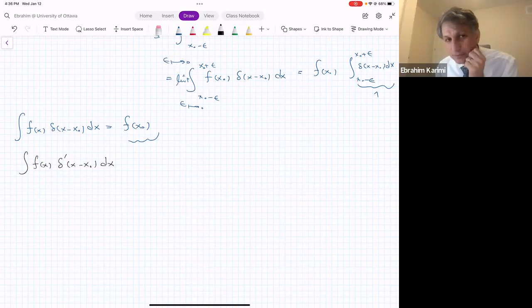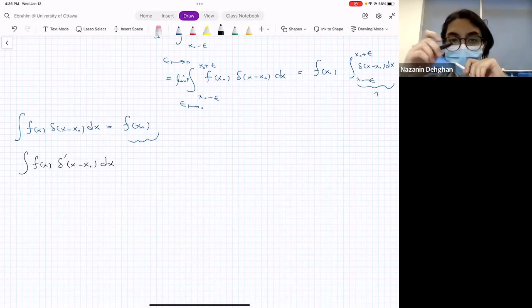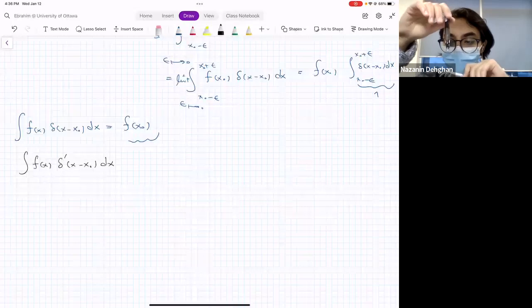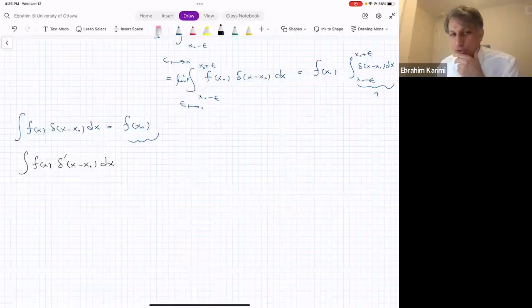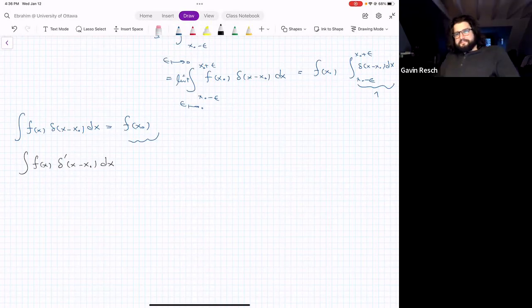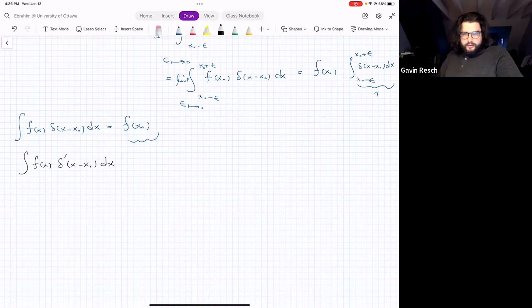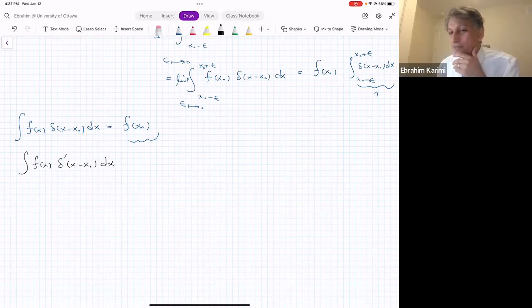Can we take the derivative of the integral that we calculated before? That's true, but tell me a better idea. Gavin, can we take the derivative of the Gaussian distribution and then take the limit as epsilon goes to 0? You can do that, definitely.